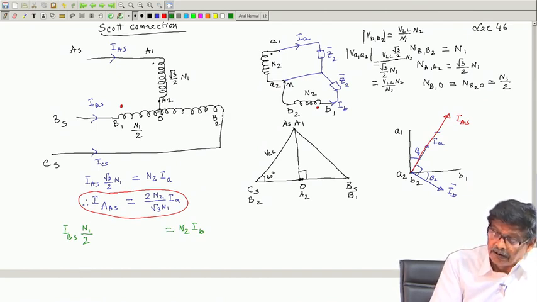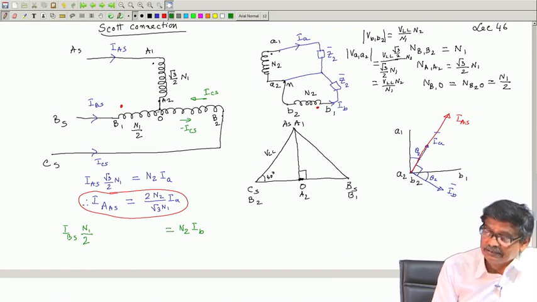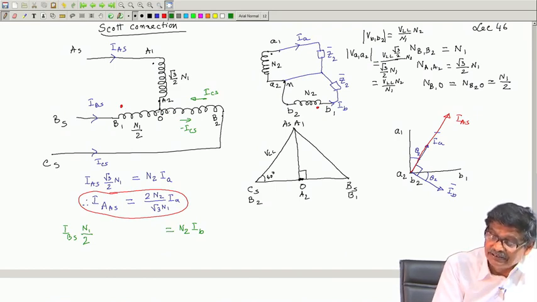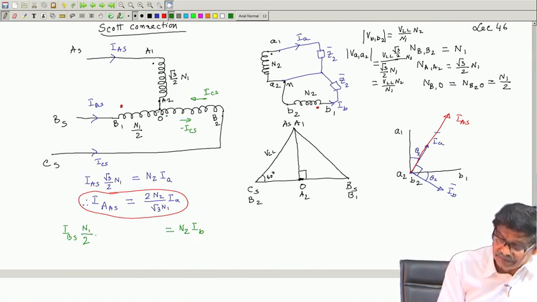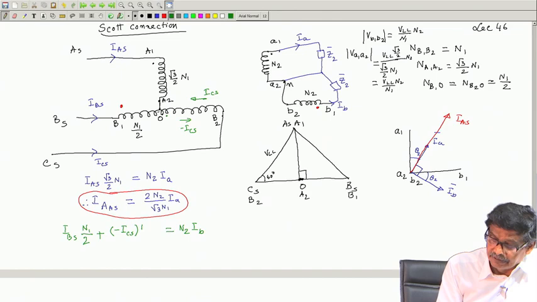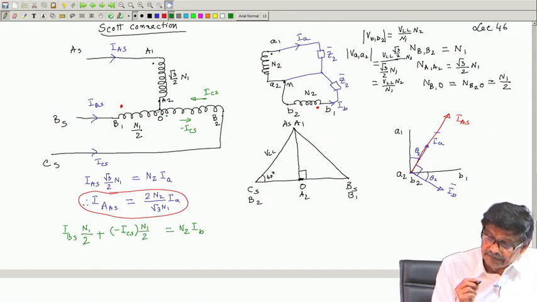And for this part, current flowing in this direction, that is ICS, or I can say minus ICS is flowing from right to left, and this is also a dot. So, through the dot, what is the current flowing? Minus ICS into N1 by 2.